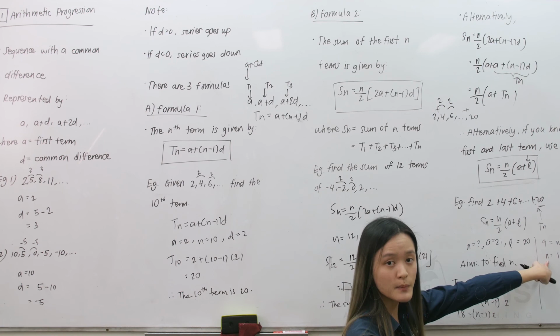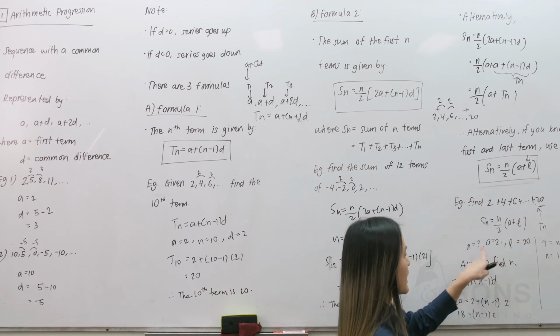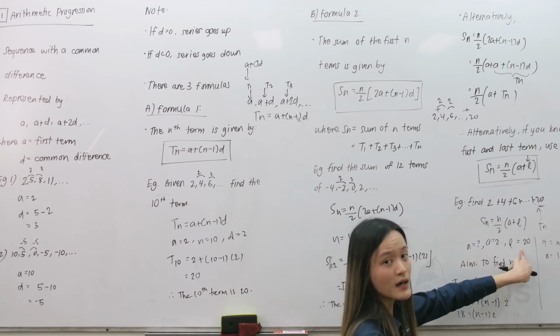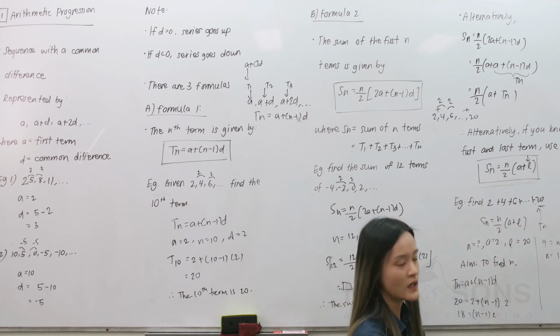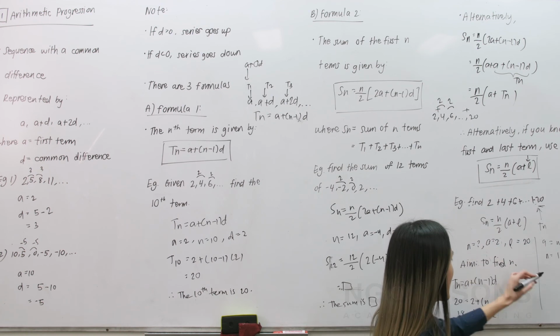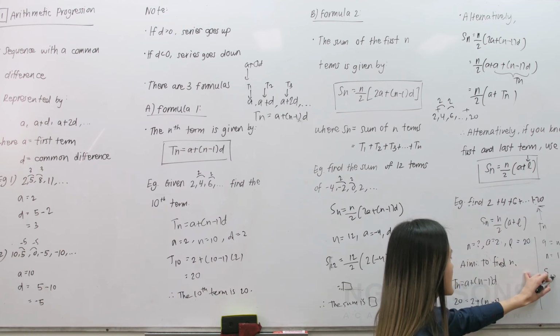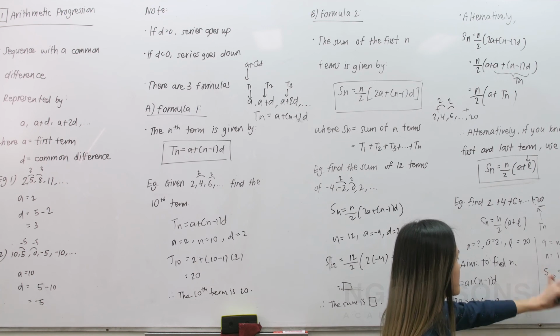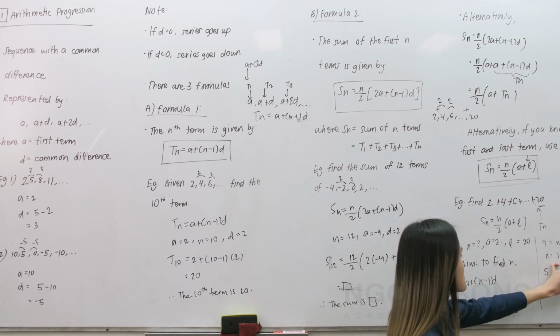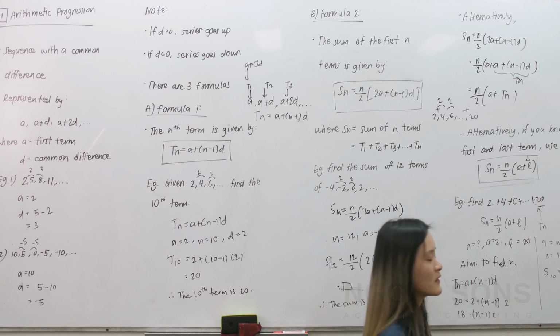What was the whole purpose of that? Now that I know what n, a, and l are, I can sub everything into my formula and answer the question. Okay, so now subbing everything in, I now have S. I know n is equal to 10, and that is equal to n, which is 10, divided by 2, bracket a, that's 2, plus l, that's 20.